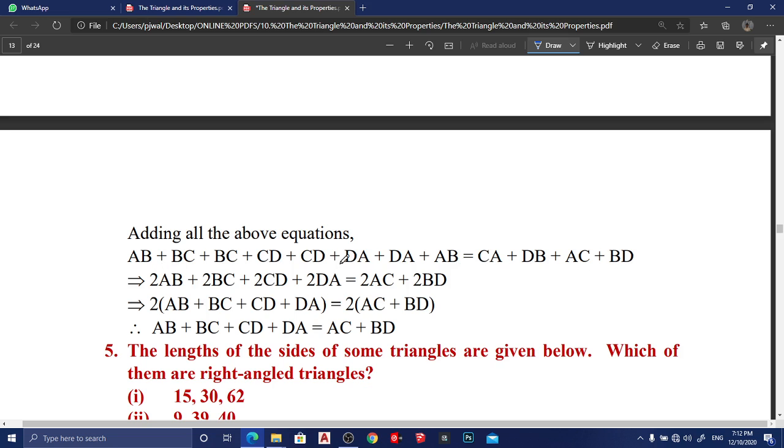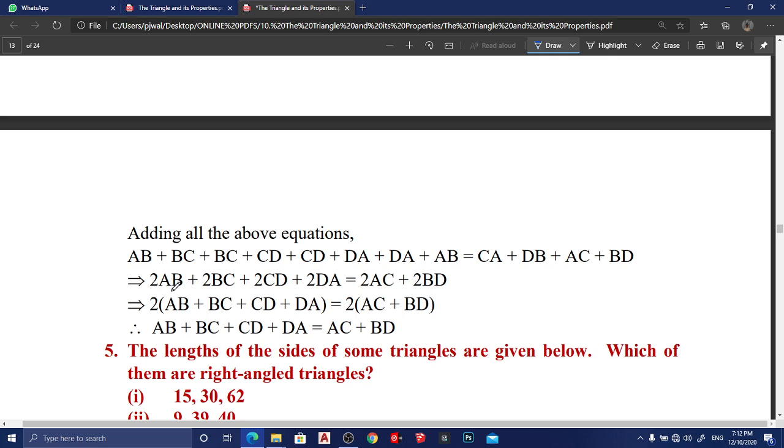If you observe, all the sides are coming 2 times here. AB plus AB you can write as 2AB. BC plus BC is 2BC. CD plus CD as 2CD. DA plus DA as 2DA. Here CA and AC both are equal, so 2AC you can write. DB and BD both are equal, so 2BD you can write.